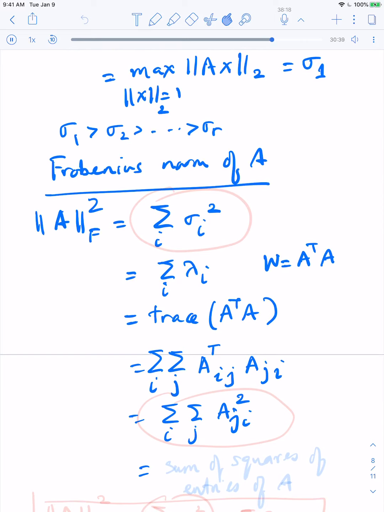Just like the L2 norm squared of a vector is the sum of the squares of the entries, the Frobenius norm squared is the sum of the squares of the singular values.